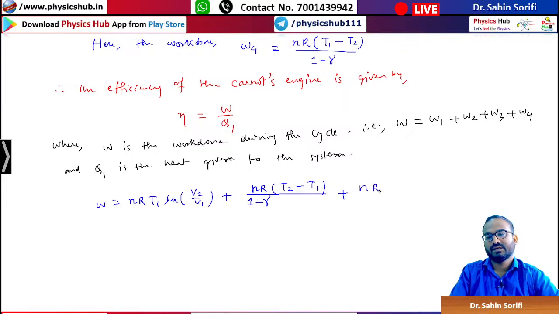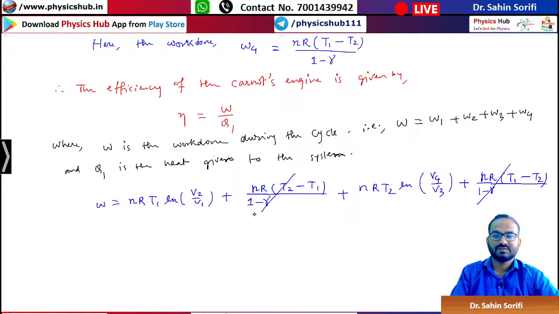W3 is nR T2 ln V4 by V3, and W4 is 1 by 1 minus gamma nR(T1 minus T2). So we can see that this term and this term are cancelling.